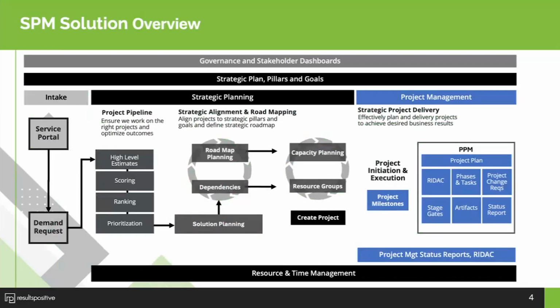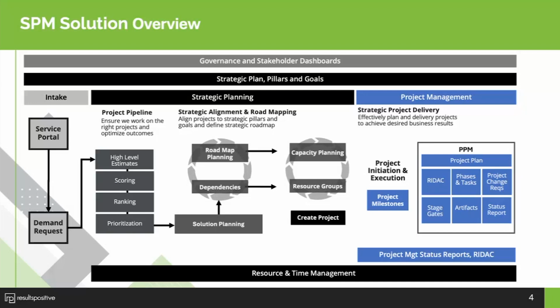So the standard flow here: you've got intake via the demand, going into the overall pipeline, estimating and scoring. From there, going into using strategic planning to align your goals and objectives, and identify where these new items would fit on your roadmap.